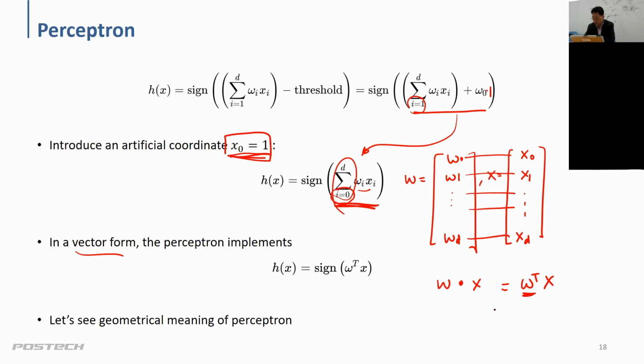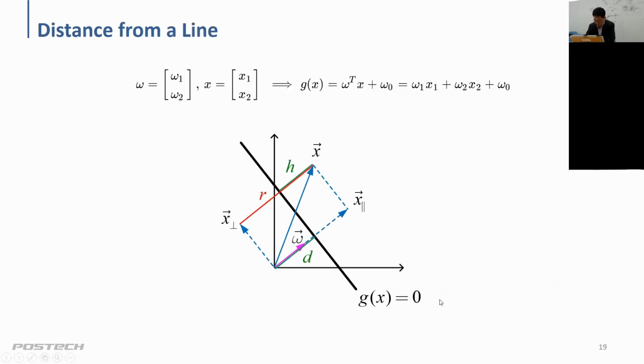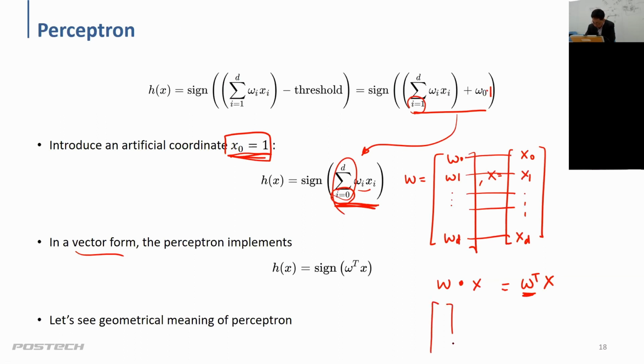So if we do it that way, the shape is like that, and here I transpose it. So we do that kind of matrix multiplication. So it's the same, and this is also the same.